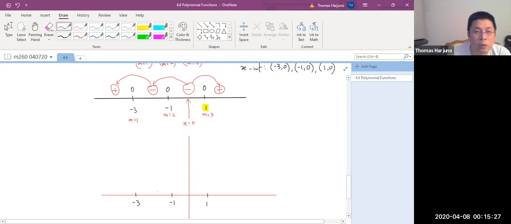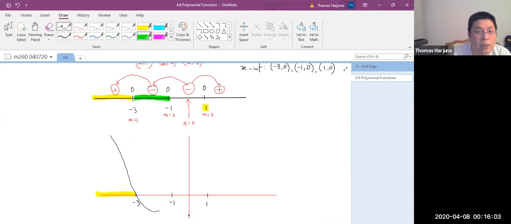The y-intercept is (0, -3), approximately here, and the far end behavior will be positive, infinity to infinity. So I will come from here, go down. Between -infinity and -3, that's positive, above the x-axis. Between -3 and -1, that's negative, below the x-axis.